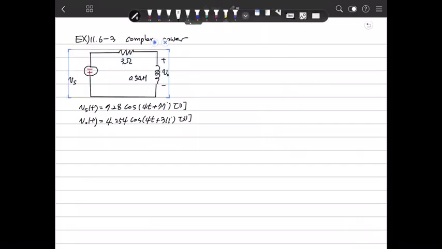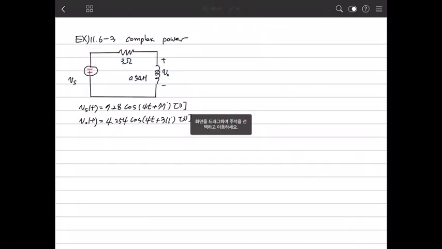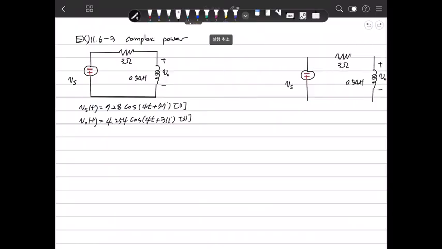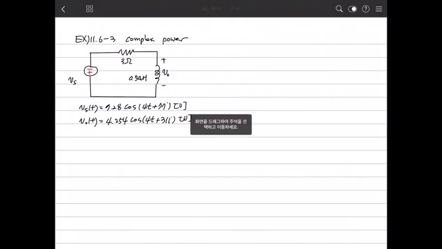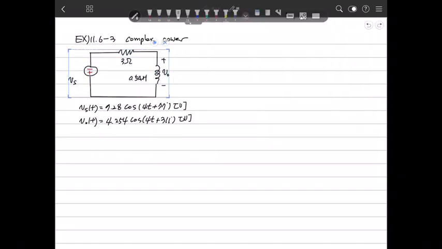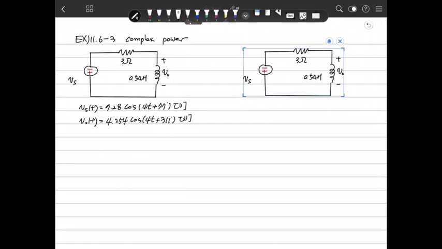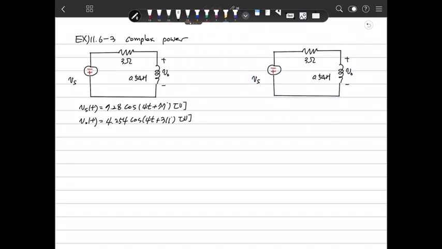So we need to redraw this circuit with phasors. I mean, to calculate this, simply copy, paste, and redraw this again.